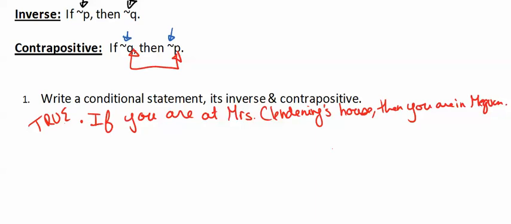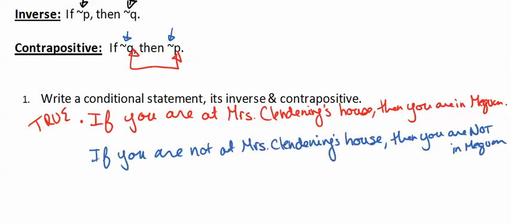Now, the inverse to this statement was, if you are not at Mrs. Clendening's house, then you are not in Mequon. You can see again, this is an inverse statement because we're negating both the if and the then part of the statement. Now, if we read this, if you are not at Mrs. Clendening's house, then you are not in Mequon. This is a false statement, or sometimes, because it doesn't necessarily mean that it is true.